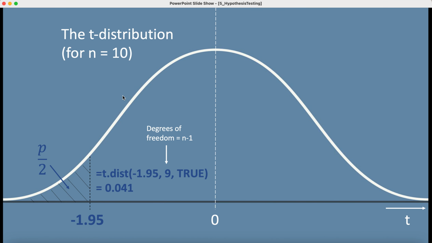So we need to give a little bit more probability for being in those tails of the distribution. Okay. So the t-distribution will look something like this, fairly similar to a normal distribution, but the tails are a little bit wider. The score that we just found is minus 1.95. What we'd like to know is the area to the left of this, and that will be our p-value divided by 2. It'll be our p-value divided by 2 because we are thinking of this as an extreme value, and it could be extreme on the other end as well, right?